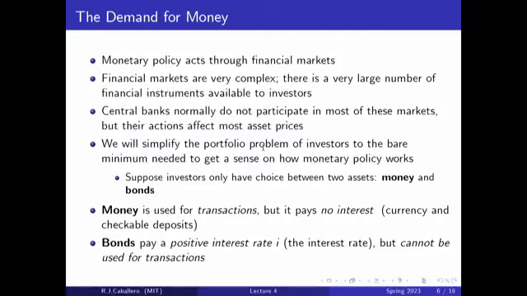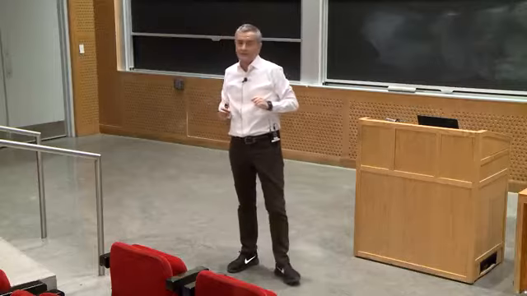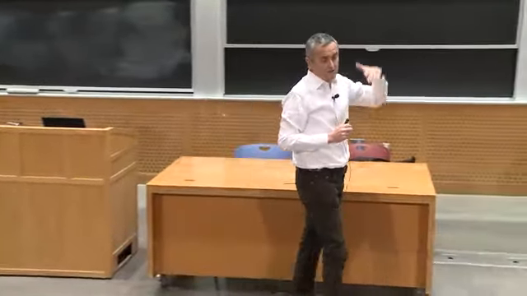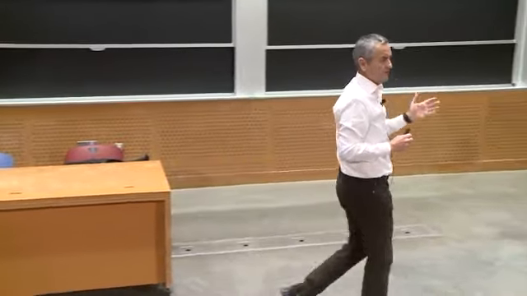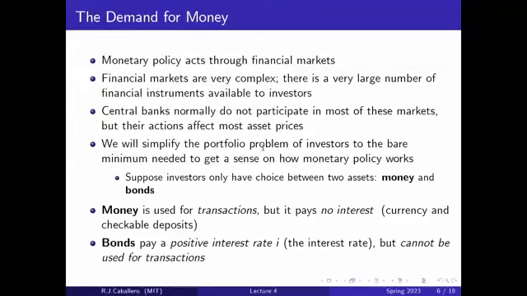They affect all asset prices around, but the direct interventions, typically, are only in this kind of instruments. So we want to focus all our analysis on those two instruments for now. Later on, we're going to talk about equity and stuff like that. But just to isolate how monetary policy works, it's sufficient to focus on two financial instruments.